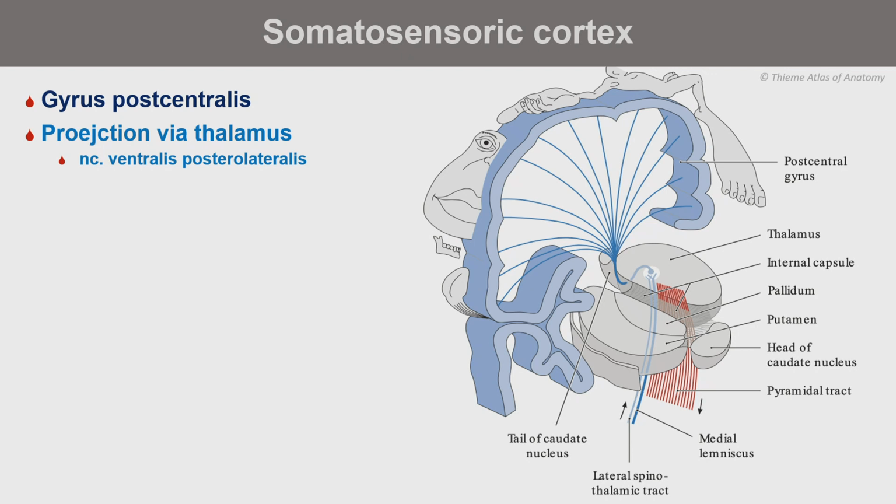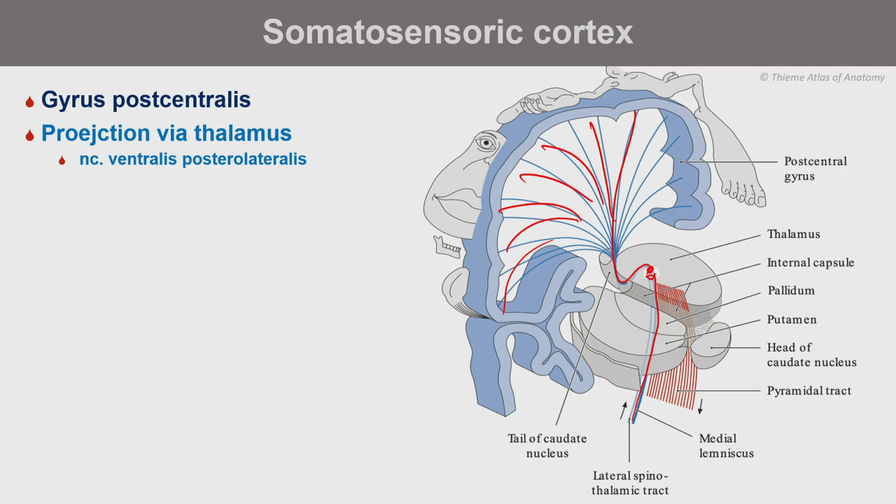The information has a somatotopic organization also in the gracilis and cuneatus part, and then every projection into the cortex is relayed in the thalamus. So everything going from the lateral spinothalamic tract, for example, is going to the thalamus, and from the thalamus this is distributed according to the somatotopic organization, in a very similar way as in the motor cortex, but different parts.